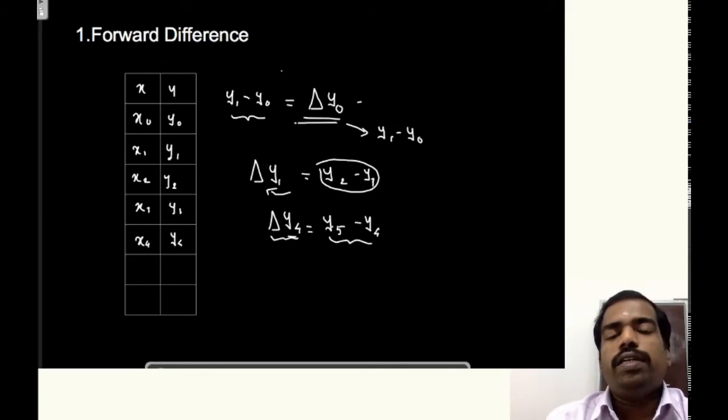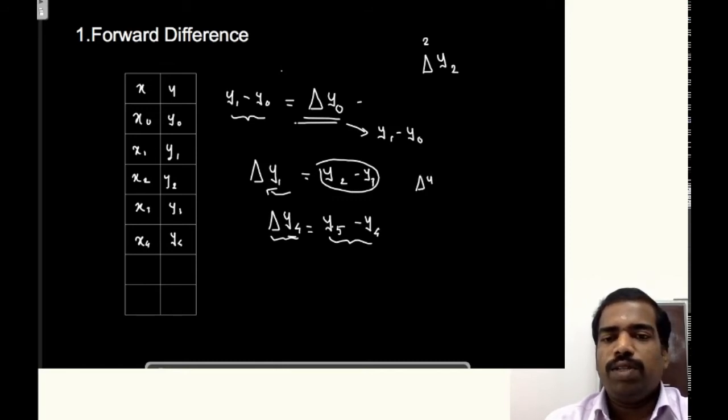Similarly, you can build the second order forward difference. For example, delta square y2. If it is delta y2, you know the answer: the functional value after y2, which is y3, minus y2.